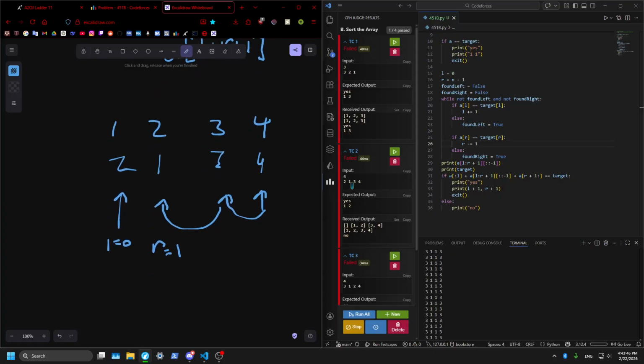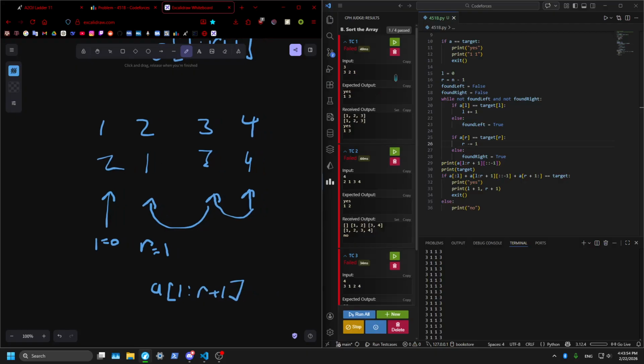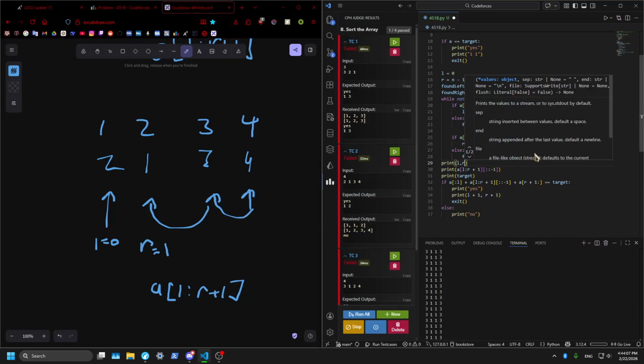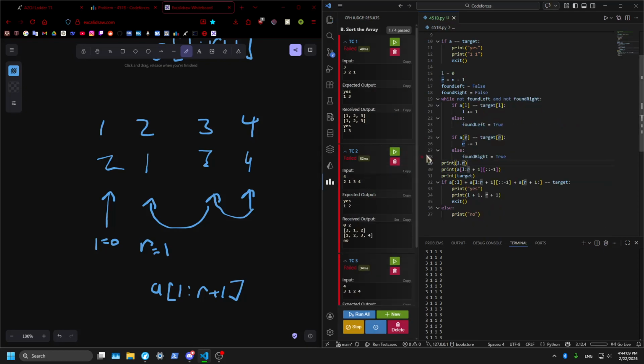So we want A, L, R plus 1. L is 0, R is 2. That's not right.